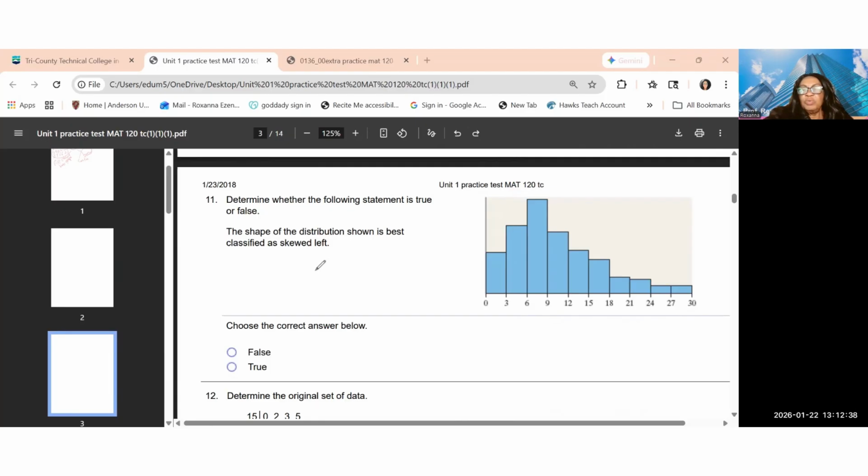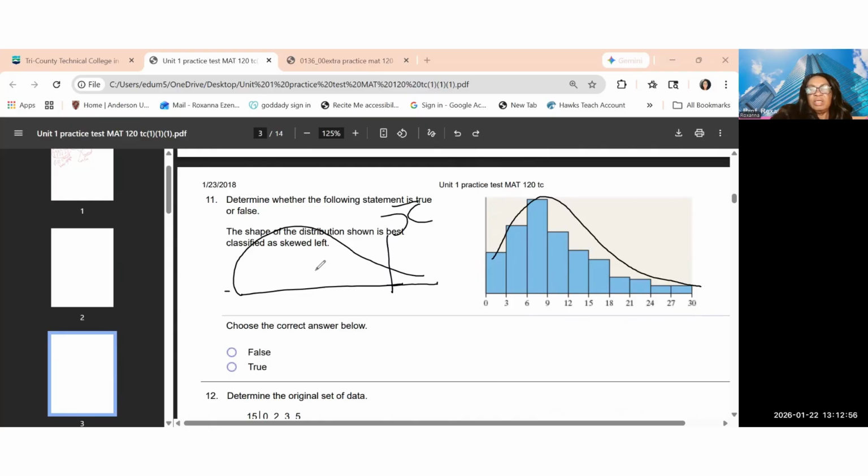So if I try to put a density curve on it, see that the distribution is skewed right. Remember the other day we said that if a distribution is skewed right, then the mean is greater than the median. The mean X bar is greater than the median, Q2. And if a distribution is skewed left, the mean is less than the median.